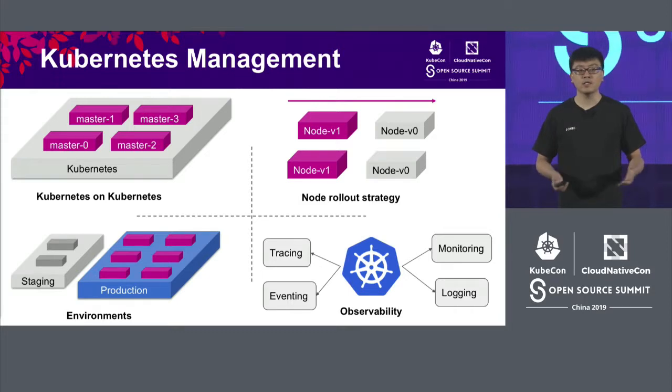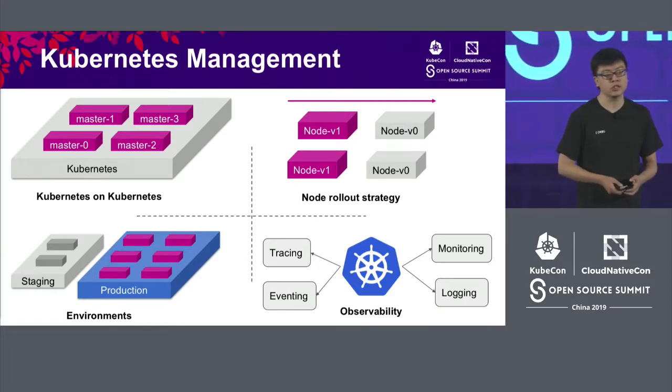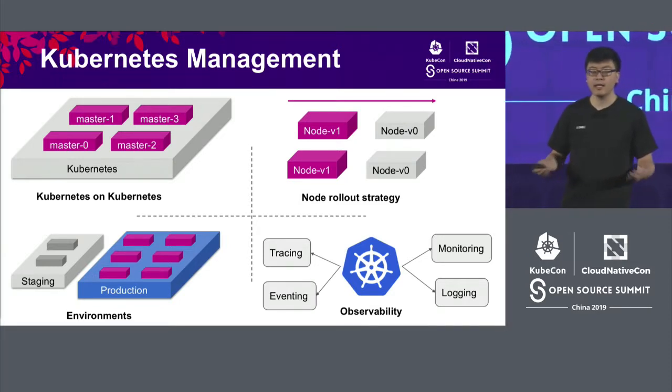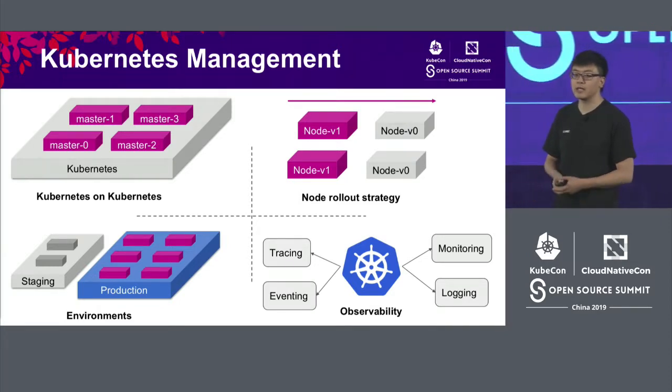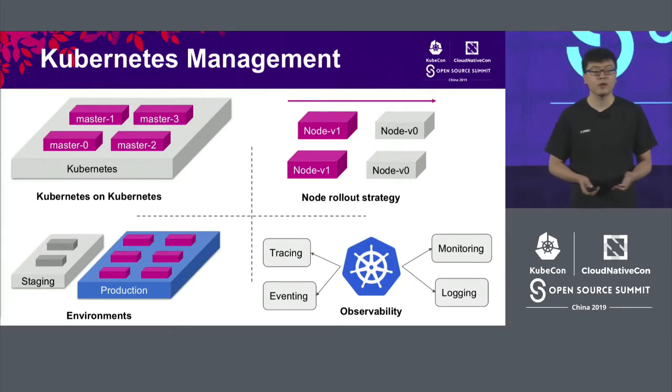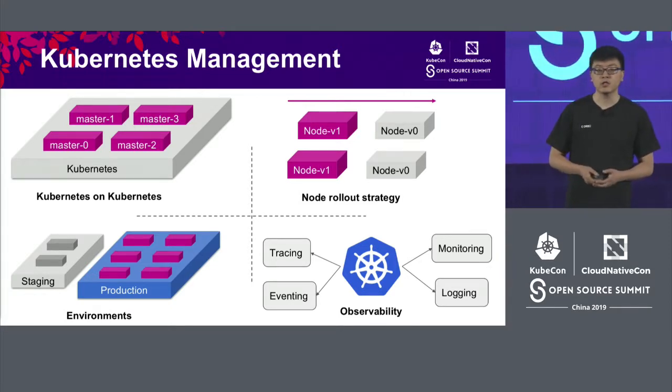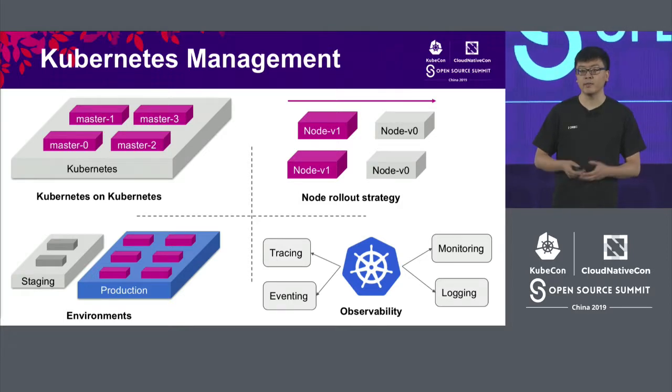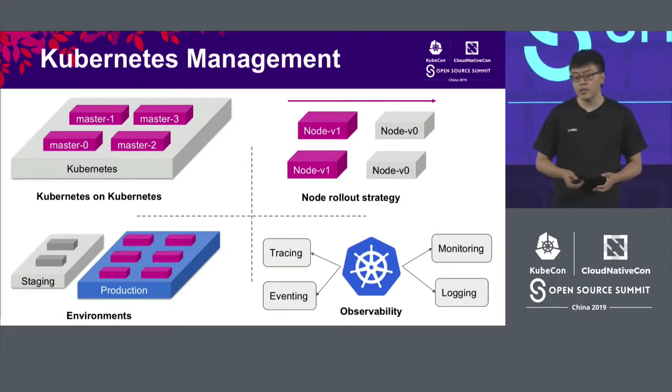Just now I talked about scalability. It is very good, but one of the biggest challenges is maintenance as well as operations. We have a lot of Kubernetes clusters to manage, and on the platform we have more. How can we ensure the stability of the Kubernetes clusters? This is very important, and this is something we want to talk about.